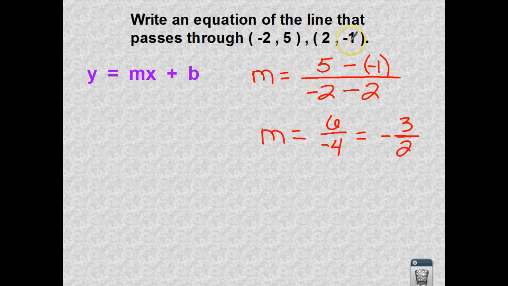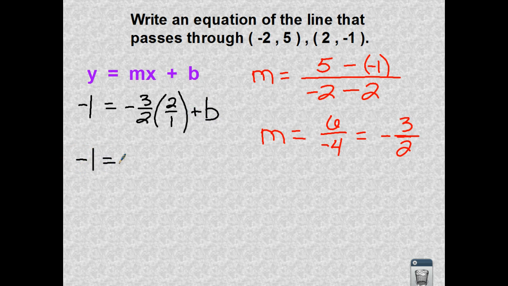So we have 2, -1. So y is -1. That's equal to -3/2 multiplied by the x, which is 2/1, and that's going to be added to b.